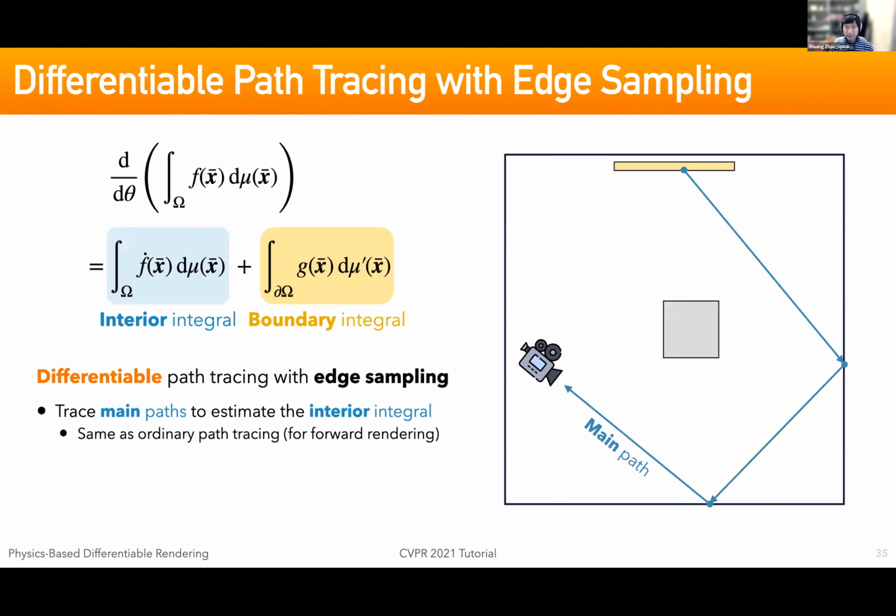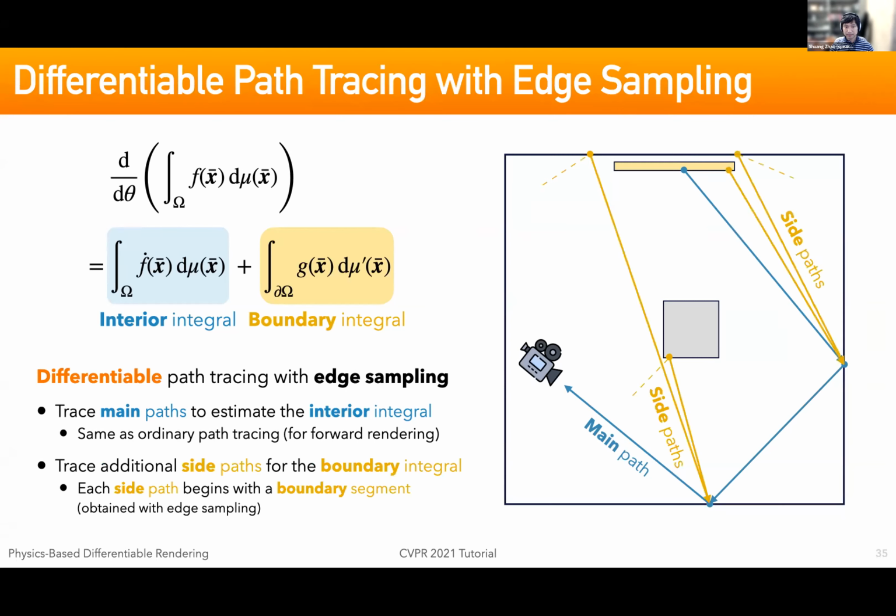Again, I'll keep my discussion high level, so you see a flavor of how this type of method works. When we use edge sampling, that's solution one, we do main path tracing as standard forward rendering. So we trace a path starting from the camera randomly, of course. However, at every vertex, we trace so-called side paths given by a boundary segment.